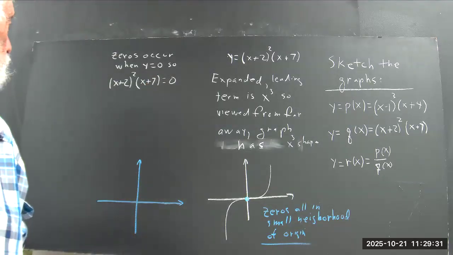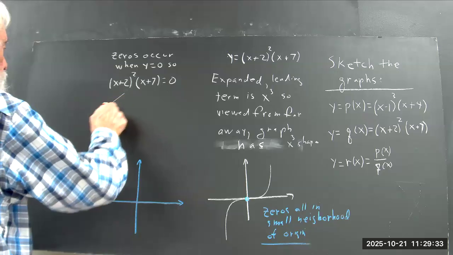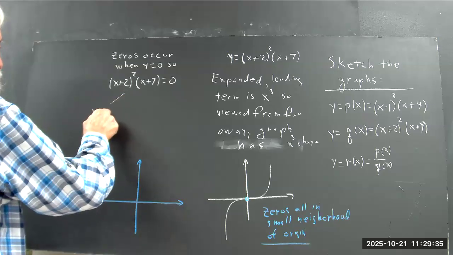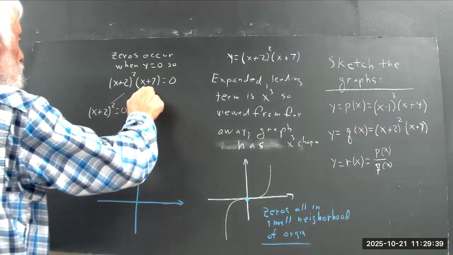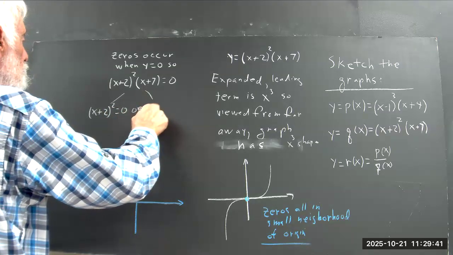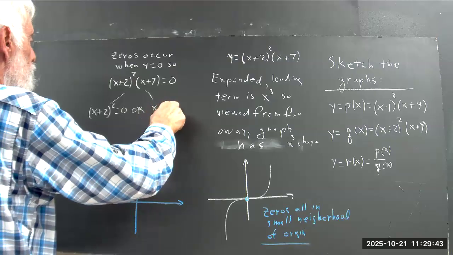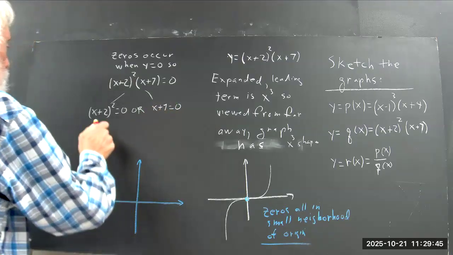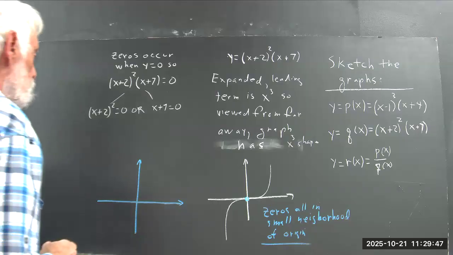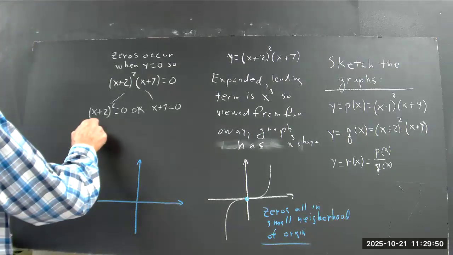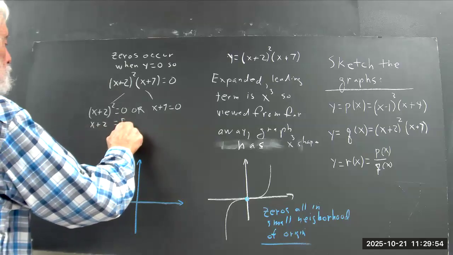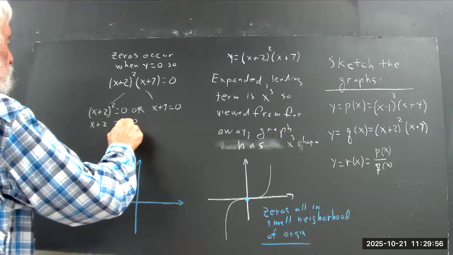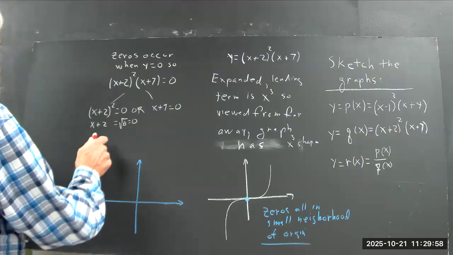Okay, you get this, and you get a solution. Now, (x plus 2) squared equals 0 if x plus 2 is the square root of 0, which is 0.